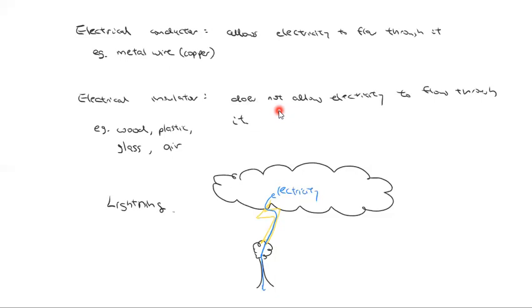It's going through the air, and in our diagram we said it goes through a tree because the lightning might strike a tree. So what's it going through there? Wood. But did you guys not say that wood and air are insulators? Mhm. So is that contradictory, or do you want to clarify your answers?